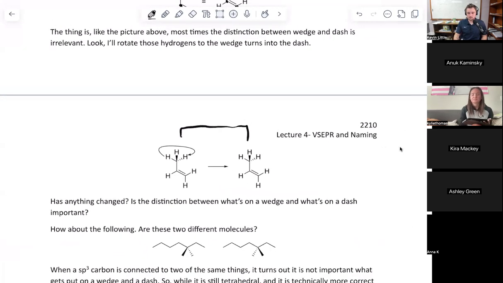So oftentimes, if I draw all the hydrogens, we'll just not worry about the wedges and dashes because they're irrelevant. There is symmetry on this carbon. It does not matter which hydrogen is on a wedge or a dash. That information isn't useful to us to determine if it's a different molecule or not. But technically, this is the more correct way of writing it. This is how it's oriented in space.